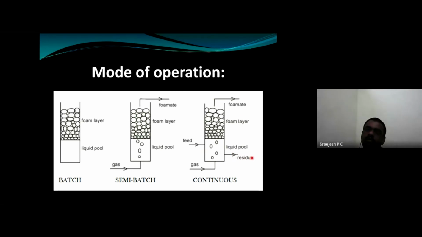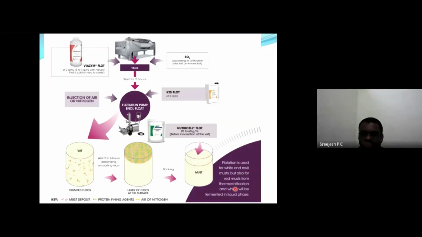This way we can use it as a continuous mode of operation. So in all three modes we can use flotation. The most commonly used are the semi-batch or the continuous mode.